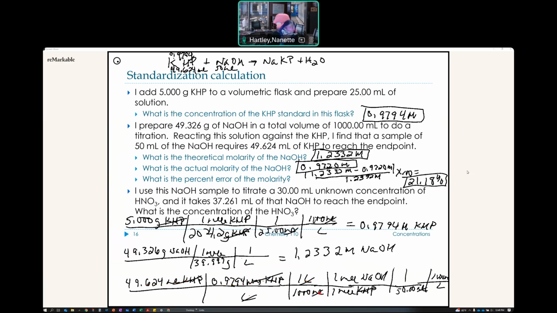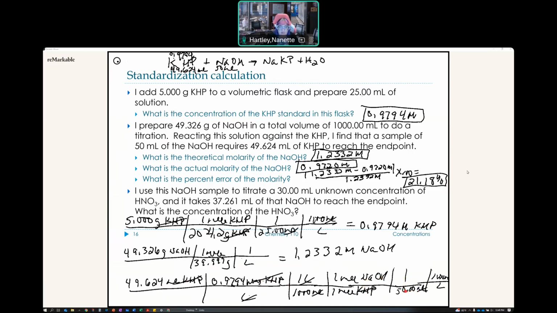And then there's moles of KHP here. I know there's 1 mole of KHP per 1 mole of NaOH. So the moles of KHP will cancel here to here. So I have 1 mole of NaOH, but I need moles per liter. So I divide by the volume that I used in milliliters, 1 over 50 milliliters, because it was a 50 milliliter solution that I was titrating.